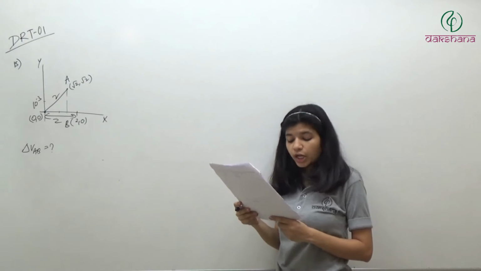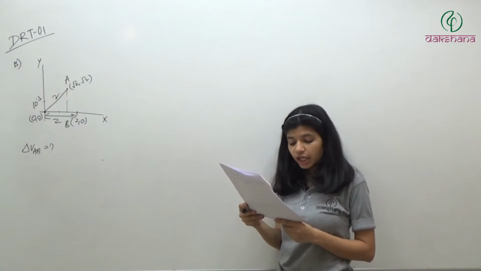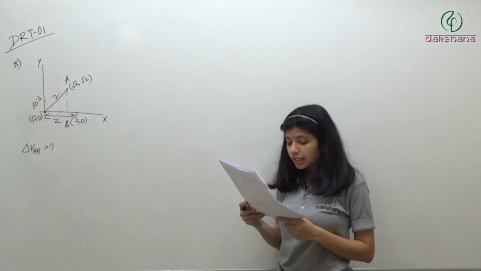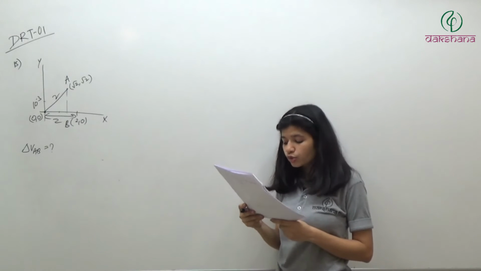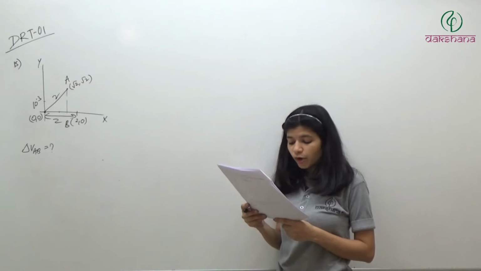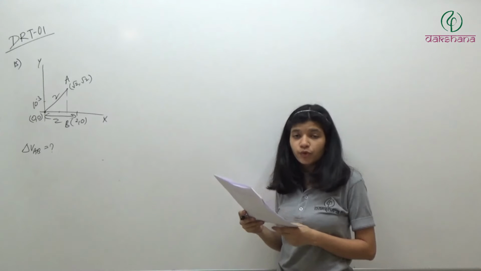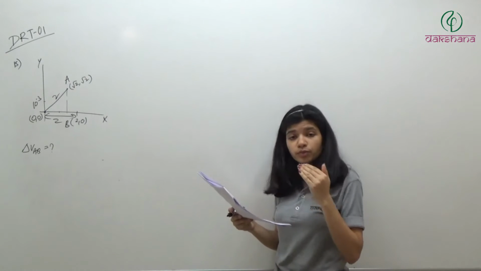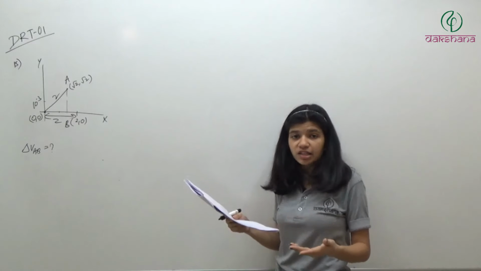Question number 16. Two particles A and B having equal masses have charges Q and 4Q. If these are accelerated from rest through some potential difference, then what will be the ratio of their speeds? So when they will accelerate through some same potential difference, they will gain some kinetic energy.